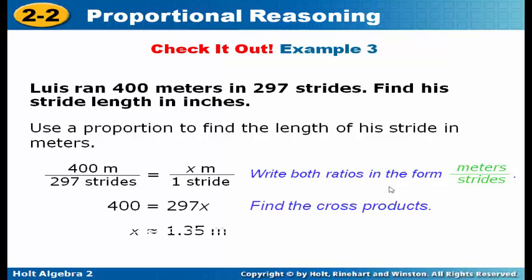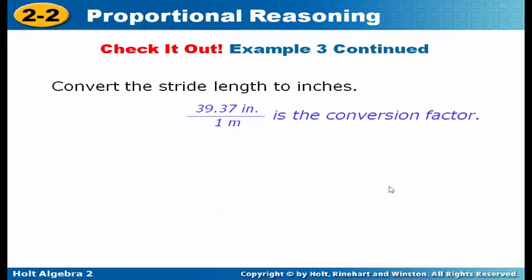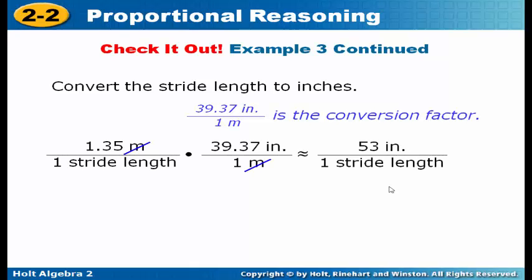So x equals 400 divided by 297. So x approximately equals 1.35 meters over 1 stride length times 39.37 inches over 1 meter equals 53 inches for one stride length.